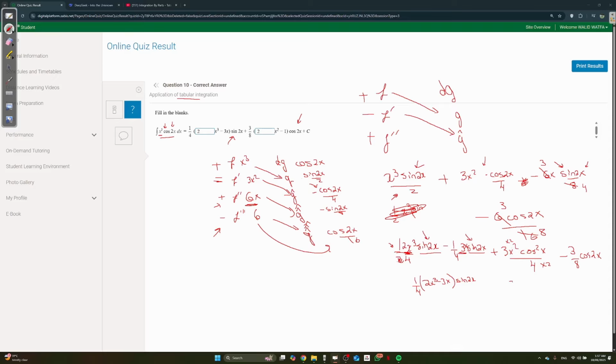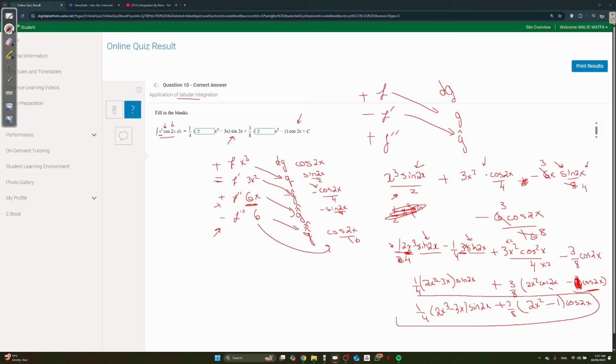So you're going to get 3 over 8 into 2x squared cosine 2x, minus 3 over 8 cosine 2x. Sorry, that we took the 3 over 8 out. And now taking the cosine 2x out, we have in total 2x cubed minus 3x sine 2x plus 3 over 8 into 2x squared. And taking cosine 2x, nothing is left, it's just 1.